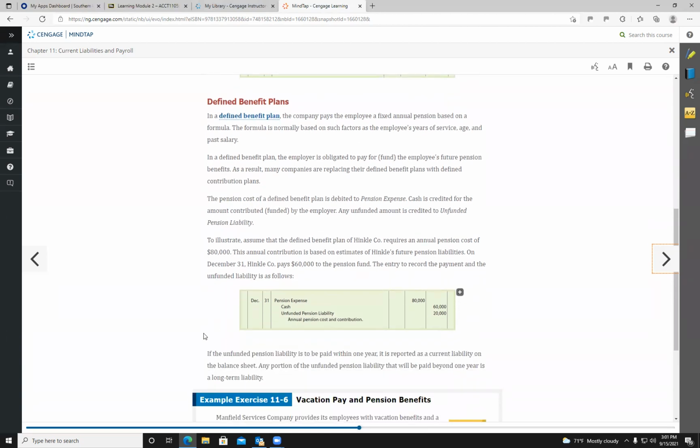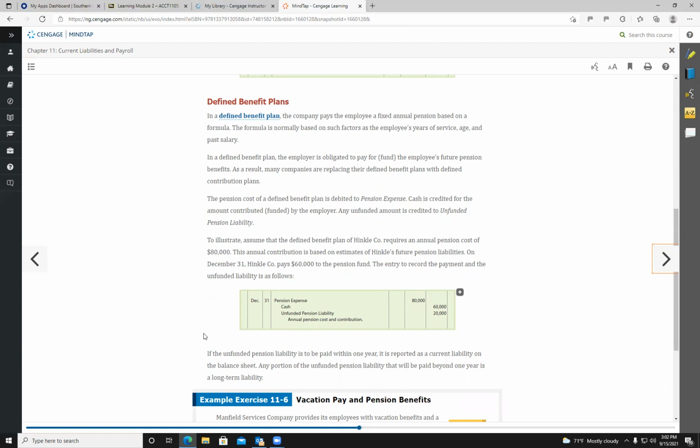So here's an example of what that looks like. Assume that Hinkle Company uses the defined benefit plan. It requires an annual pension cost of $80,000. So annually they have to pay in $80,000. This annual contribution is based on estimates of Hinkle's future pension liabilities.